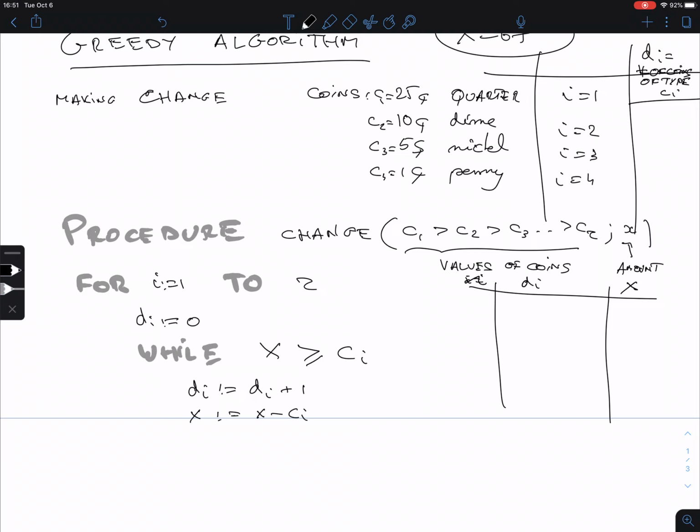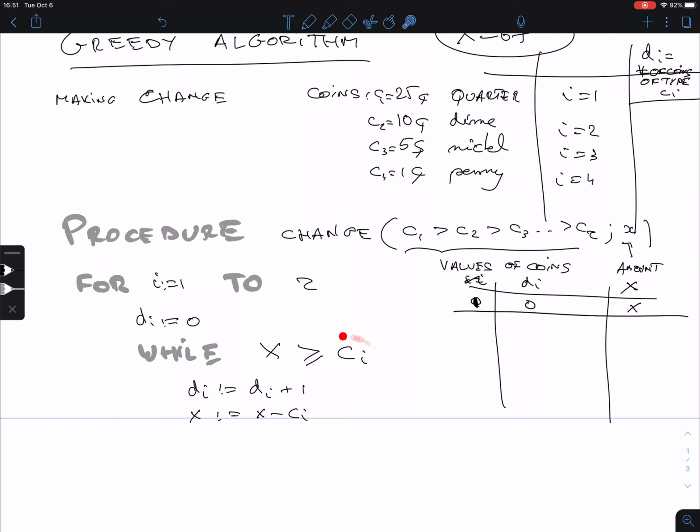So before I start, let's start with i is 1, and originally I put di equals 0, and x is just the original x that I had.